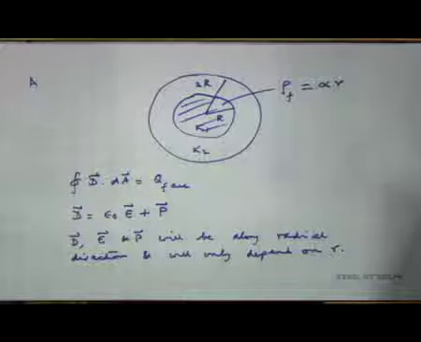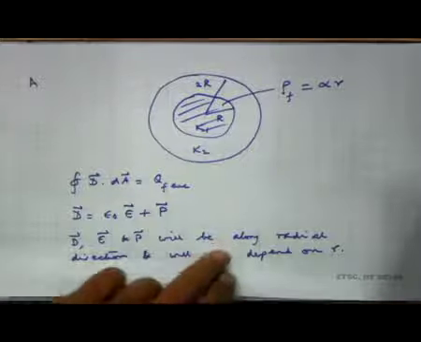Because of spherical symmetry, D, E and P will all be radially oriented and will only depend on small r. So, I can use this immediately to solve the problem.